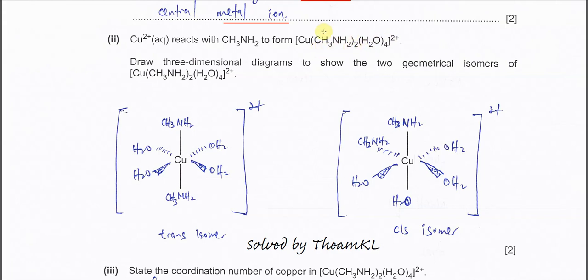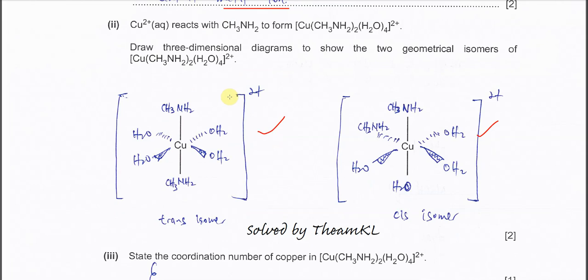Again, 2 methylamine and 4 H2O, which looks like this or this. Draw the 3-dimensional diagram to show the 2 geometrical isomers of this complex ion. So you must draw the trans and cis isomers.